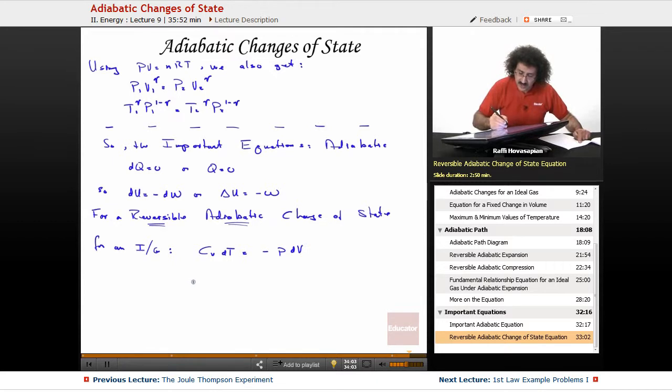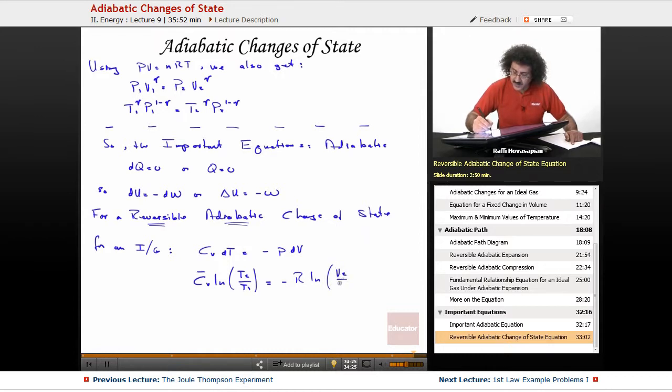Once you integrate, you end up with the following: CV times the ln of T2 over T1. This is the basic equation. What we did, just like this stuff right here, we took it a little bit further. We just rewrote this in a different form: minus R ln V2 over V1.